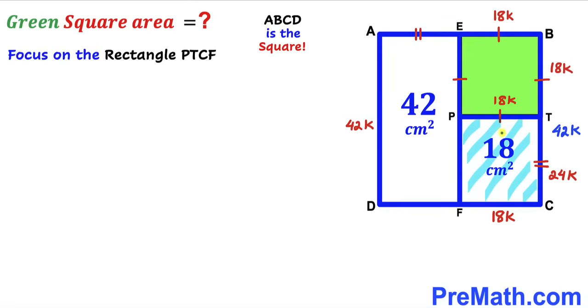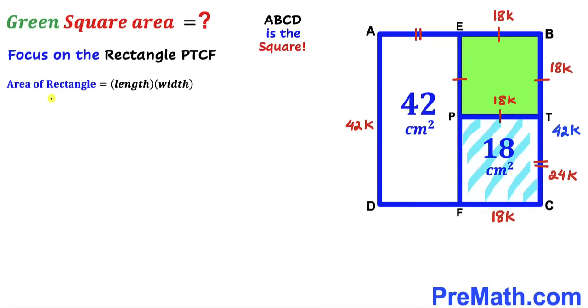And now we are going to focus on this blue shaded rectangle PTCF, whose dimensions are 18k and 24k, and the area is 18. And now let's recall the area of rectangle formula. Area is always equal to the length times the width of the rectangle. And once again, our dimensions are 18k and 24k, and the area is 18.